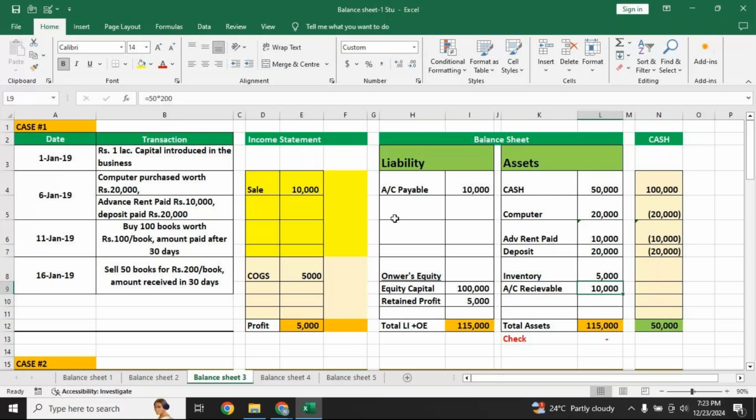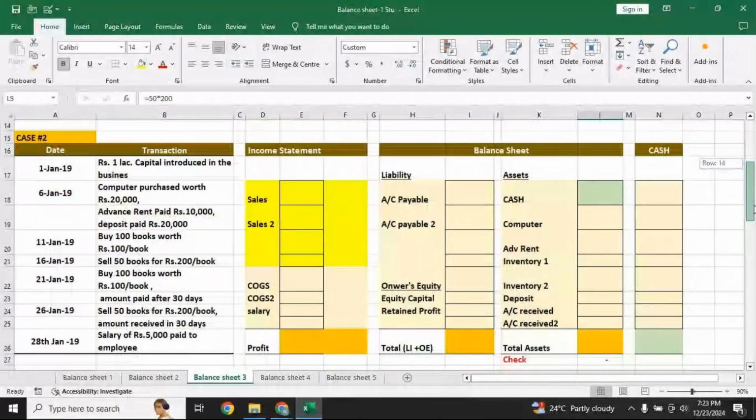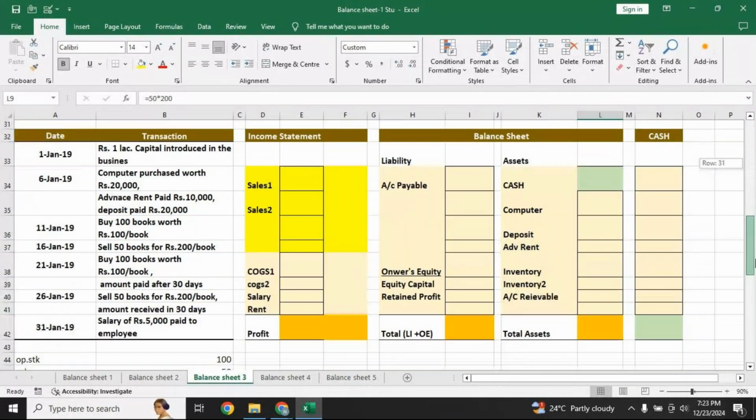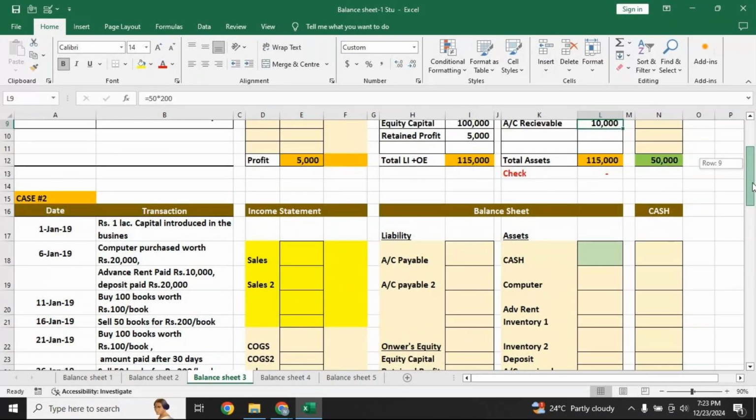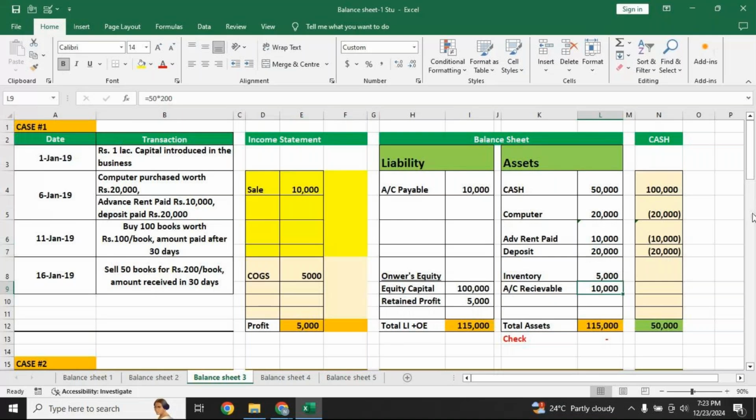If this is done, you can try solving case 2 and case 3.